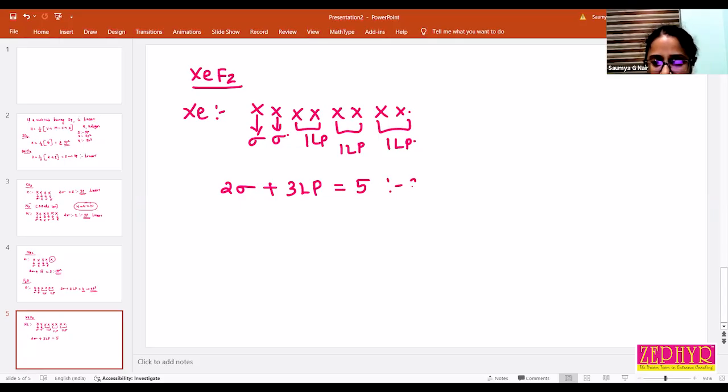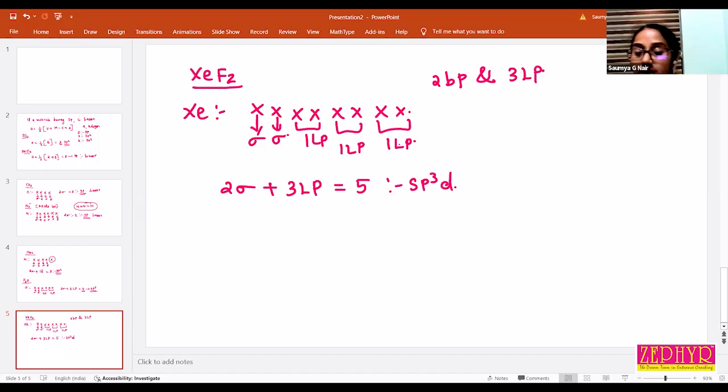2 sigma plus 3 lone pairs equals 5, so the hybridization is sp3d. But here is a problem. In this molecule there are 2 bond pairs and 3 lone pairs. Actually, for sp3d hybridization the shape is trigonal bipyramidal.